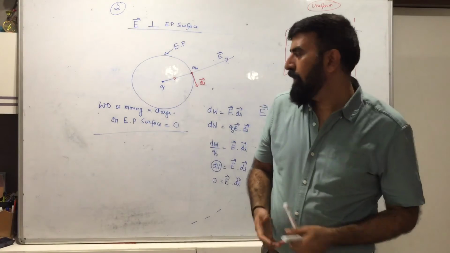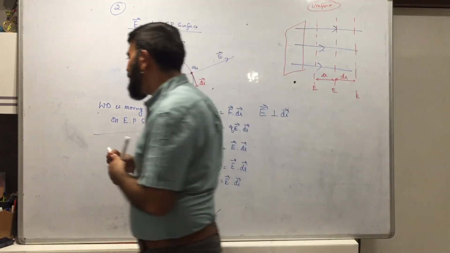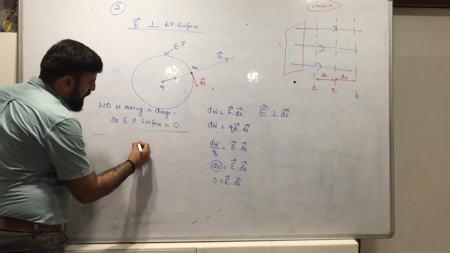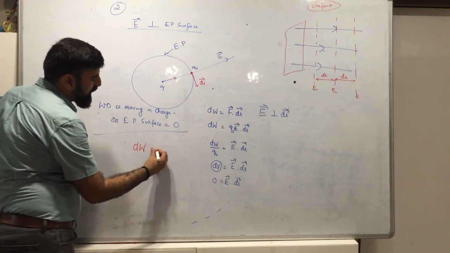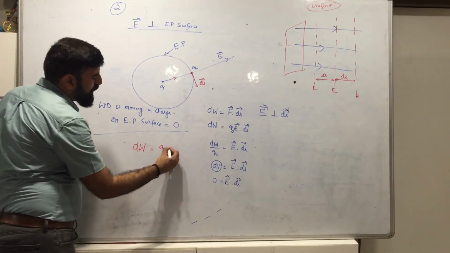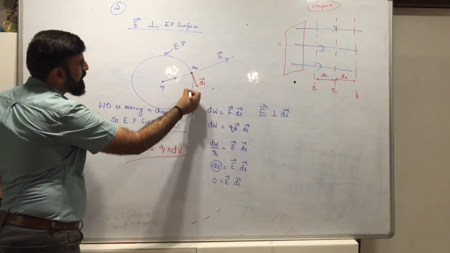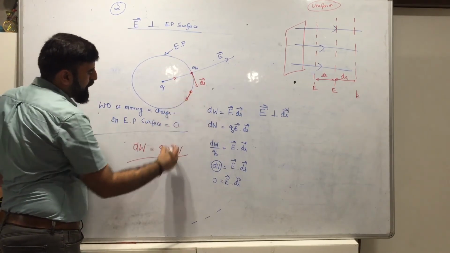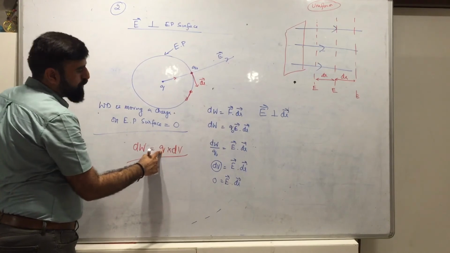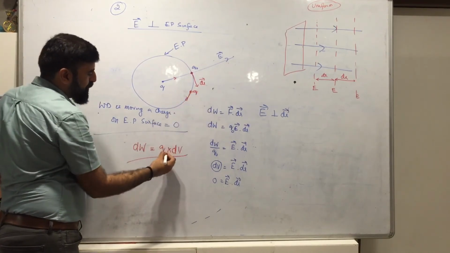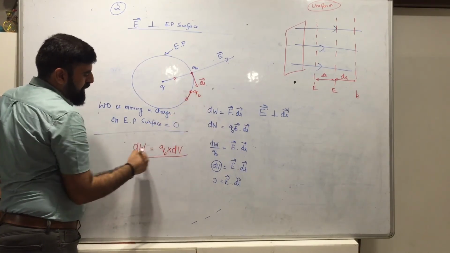Now, what is the work done in moving a charge on the EP surface? We know that work done dW is nothing but Q into dV, isn't it? The potential difference between 2 points into Q, the charge which I am keeping, maybe Q0, gives you the work done.